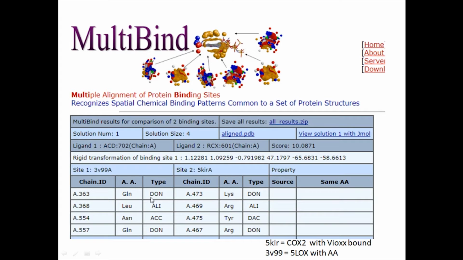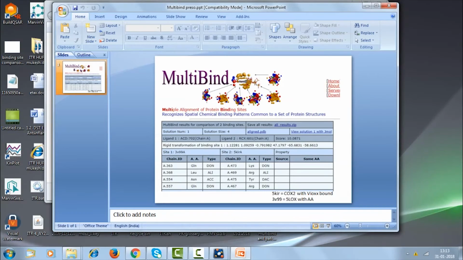So these two protein active sites are being compared: hydrogen bond donors, aliphatic, acceptors, and donors. It gives you a score as well, a score of 10.0, which is low. The higher the score, the higher their similarity, and the lower the score, the lower it is.